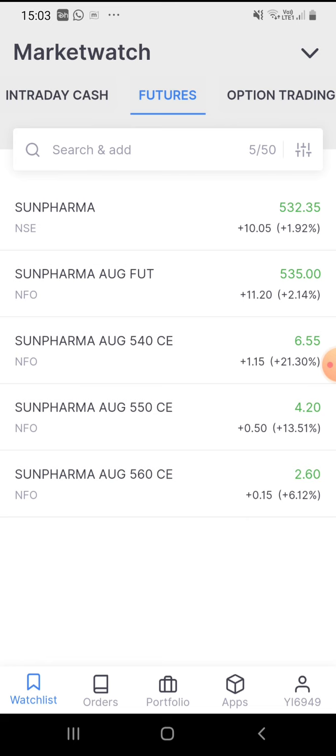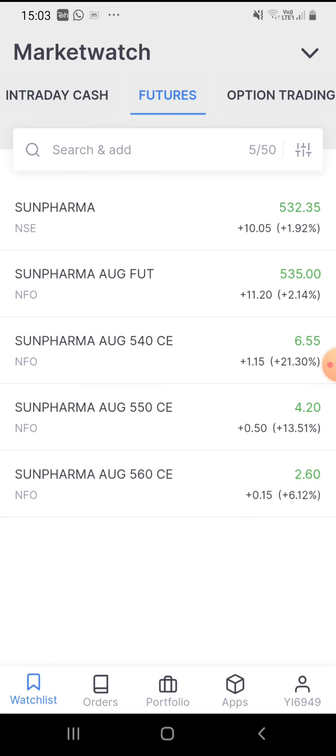And if it keeps increasing after our strike, 541, 542, that means our strike is crossed, then the speed of movement will be much higher.